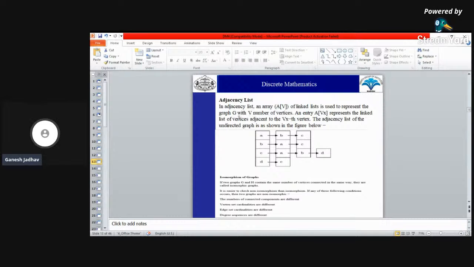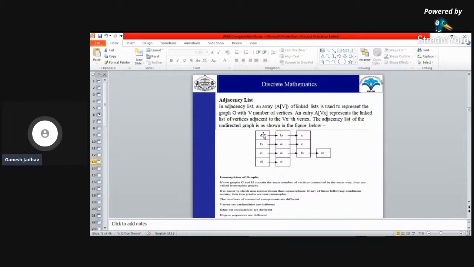So what is an adjacency list? In an adjacency list, an array of linked lists is used to represent the graph G with V number of vertices. So it shows how many vertices are connected to that particular vertex.